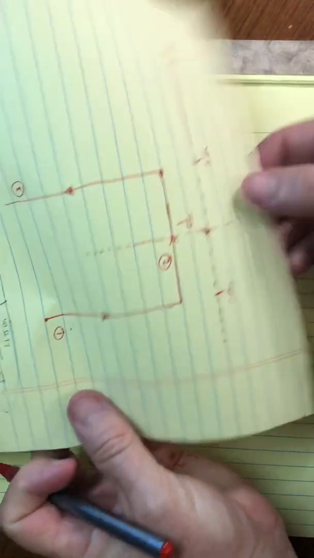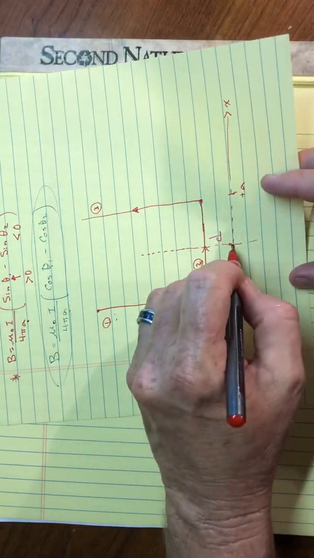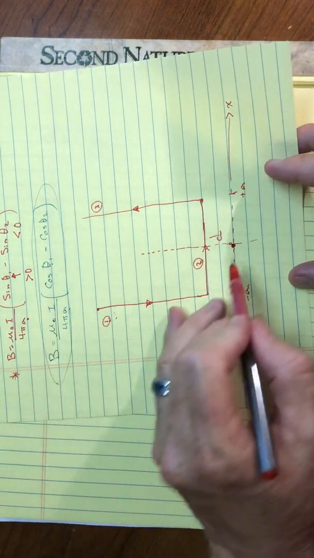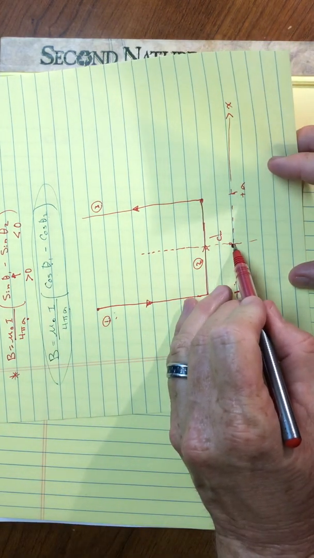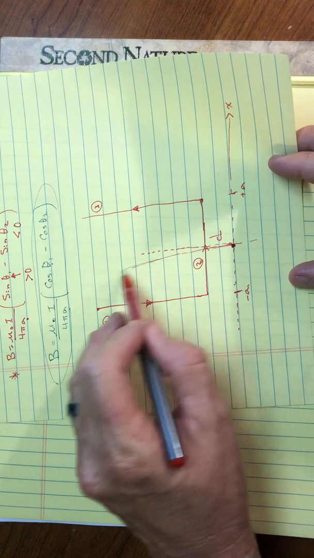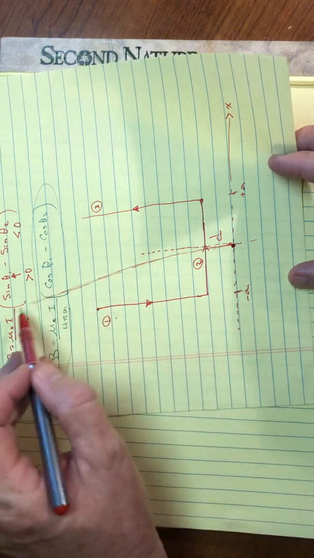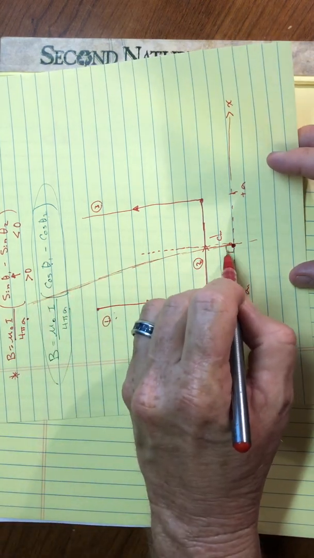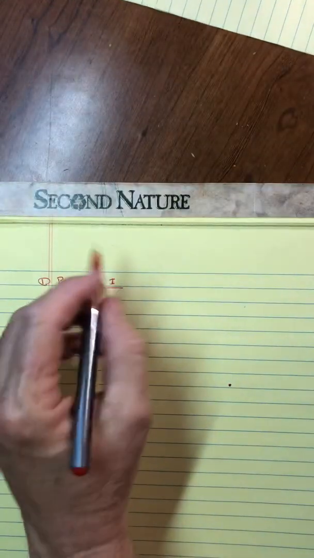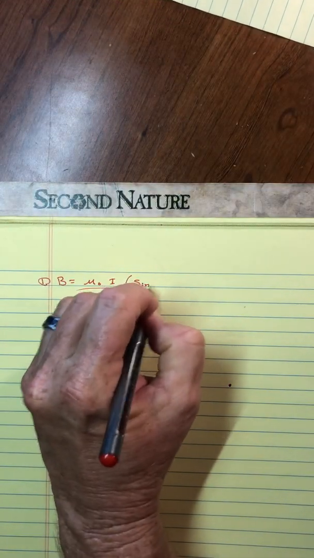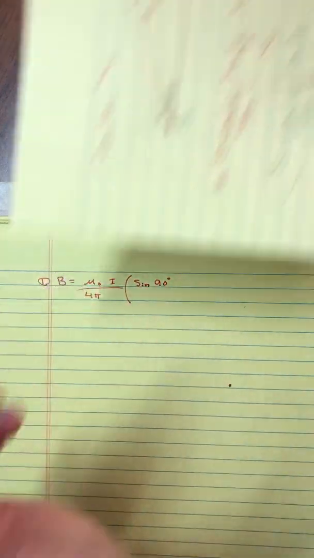It's probably best looked at this way: here's the point P, and if I draw a line out to the beginning of this wire, this angle is essentially 90 degrees. And so this would then be sine of 90 degrees.